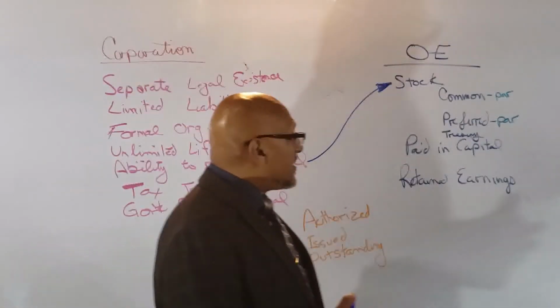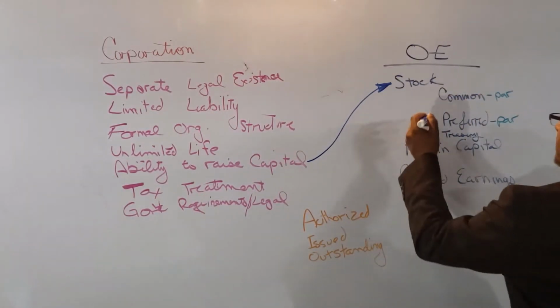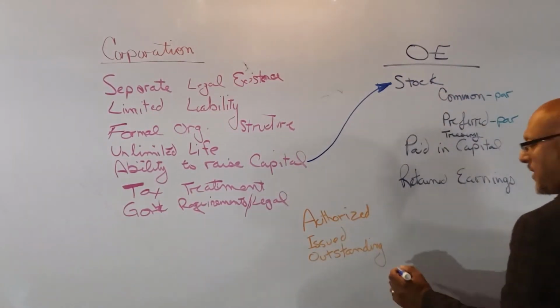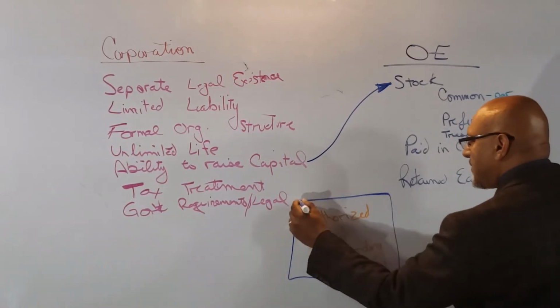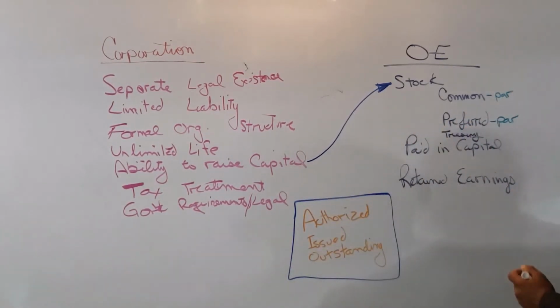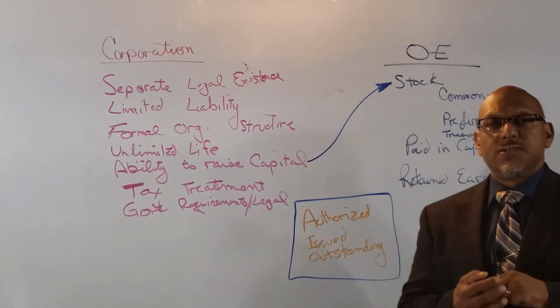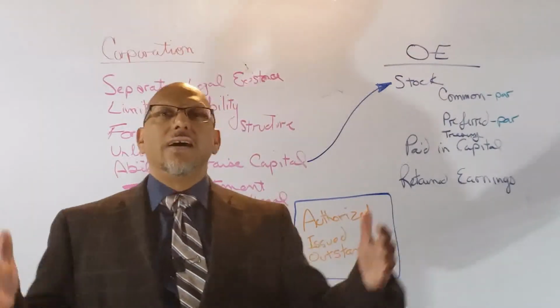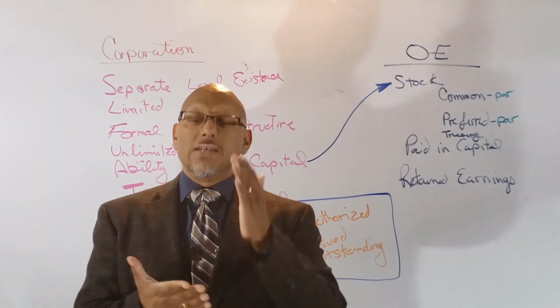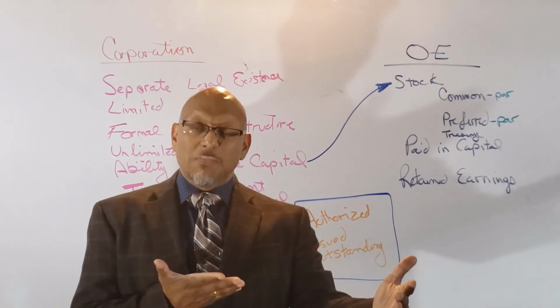Now, when it comes to stock, whether it's common or preferred, we have three subclasses or three definitions of what kind of stock that stock is. When the board of directors say, yes, we want to sell stock, and we want to sell a number of shares of stock because the shares will equal how much money we want.